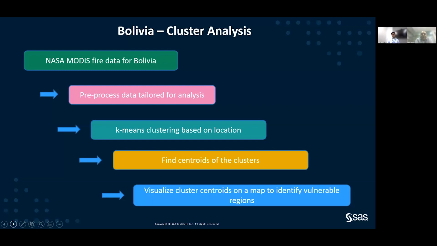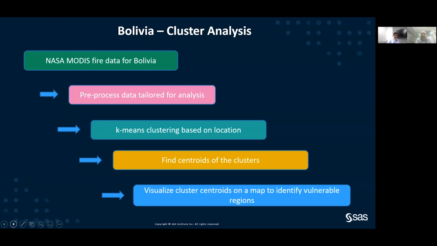So again, the data was acquired for Bolivia across the fire season, and we took about 6 years of data from 2015 to 2021. And there were, I think, more than a million data points across all the 6 years of data.